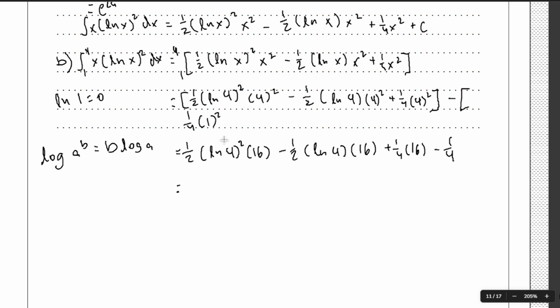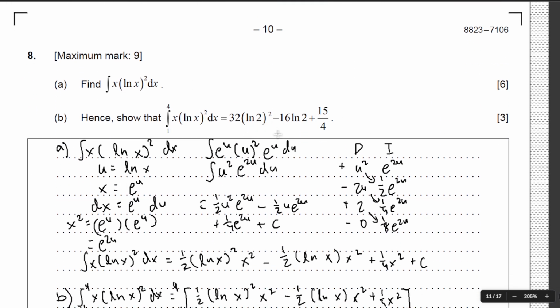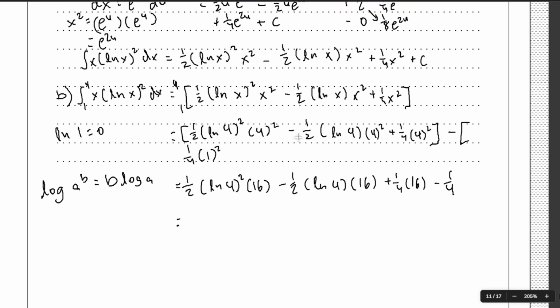That's what we're going to be doing here, because if you look up, we need to turn this into a 2. Actually, we can just combine this. Half of 16 is 8, so here 8 (ln 4) squared, minus half of 16 again is 8, and we do the logarithm rule here, plus 16 over 4, which is 4, minus 1 over 4, that is 15 over 4.